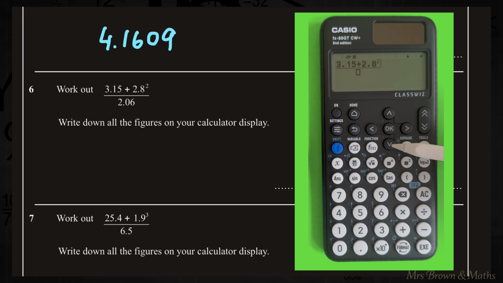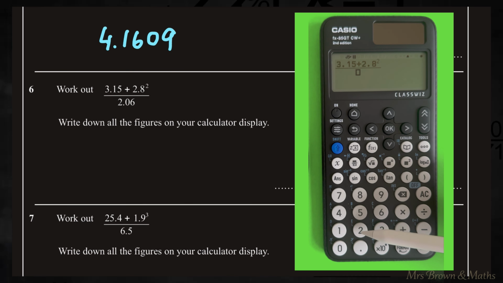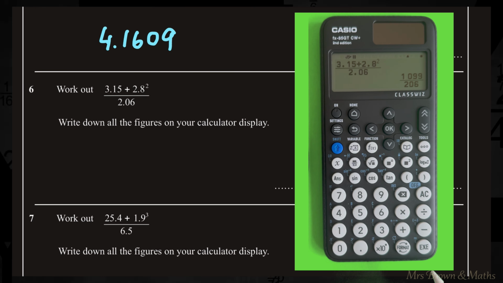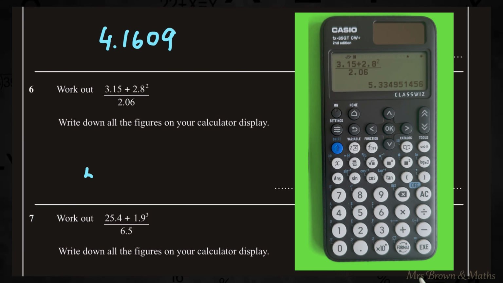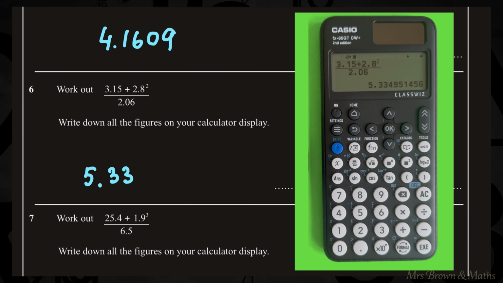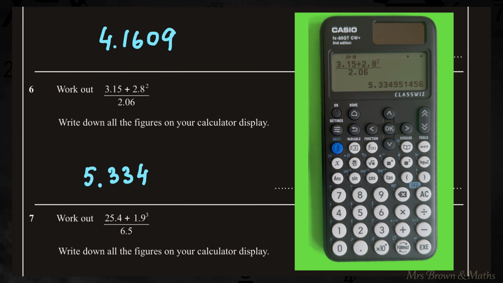Then use this arrow, move to denominator, 2.06 equals, format. So the final answer is 5.334951456.